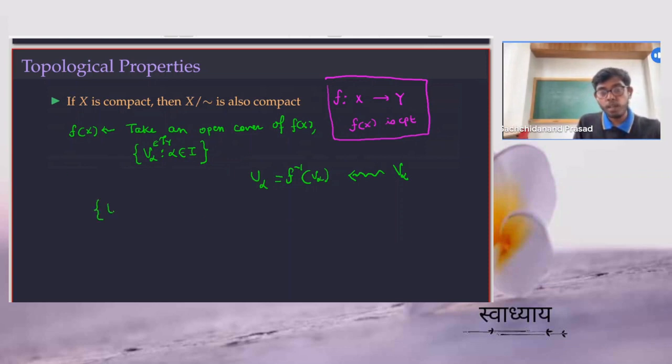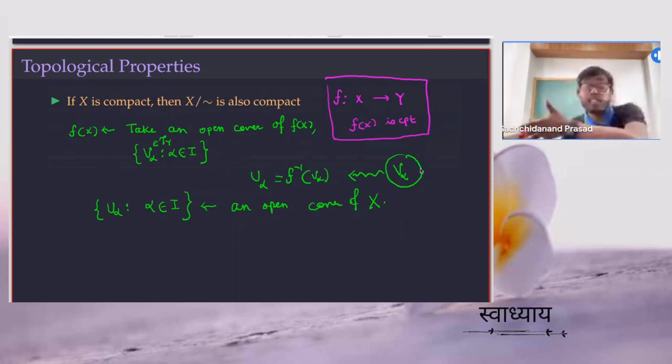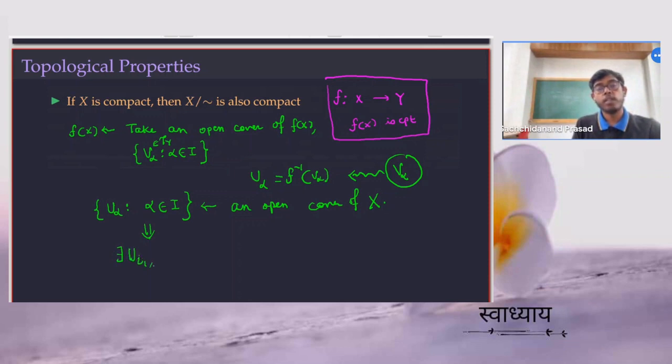This U alpha, such that alpha belongs to I, is an open cover of X, because V alpha was an open cover of the image set. But X is compact, so I'll get a finite subcover: there exist some U_I1, U_I2, ..., U_IN such that X can be covered by the union of U_I1 through U_IN.